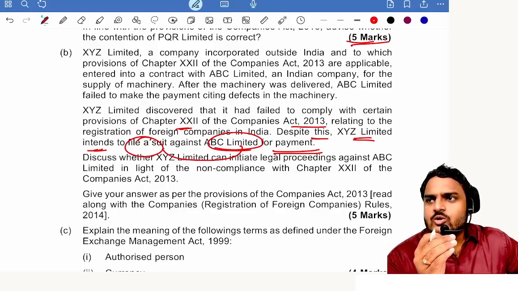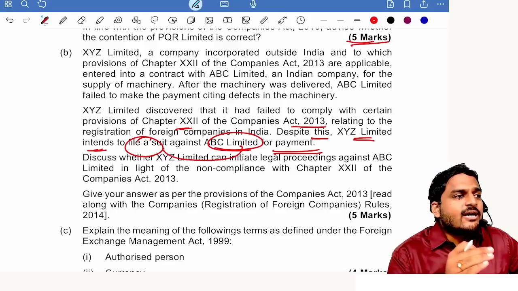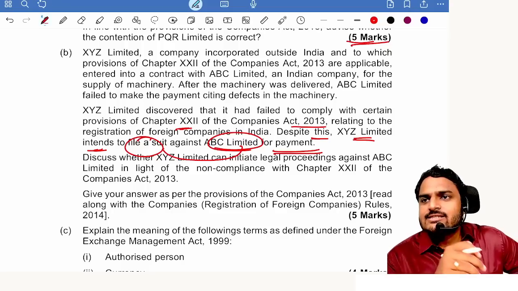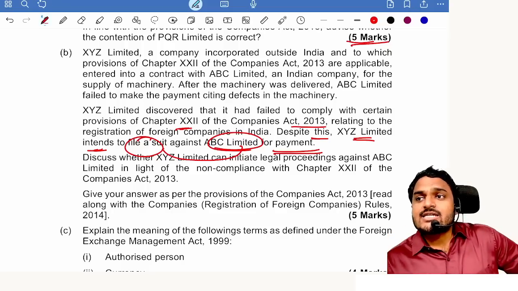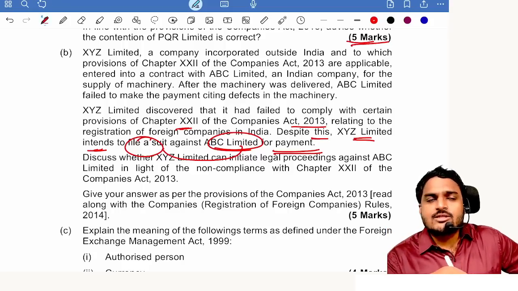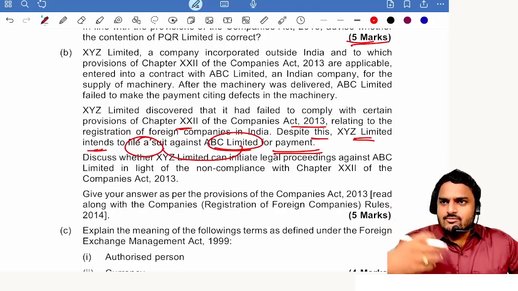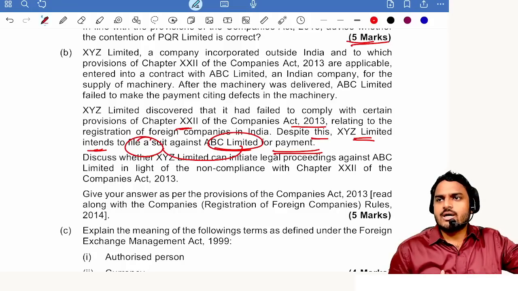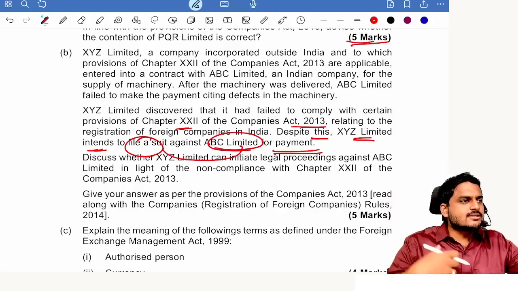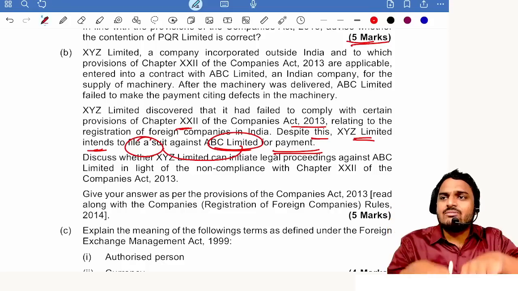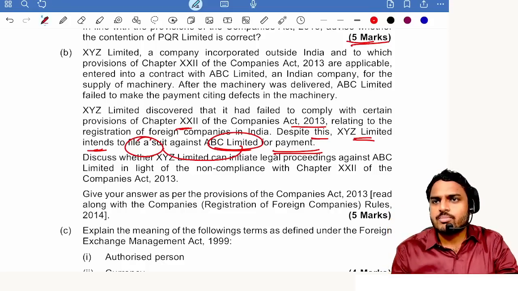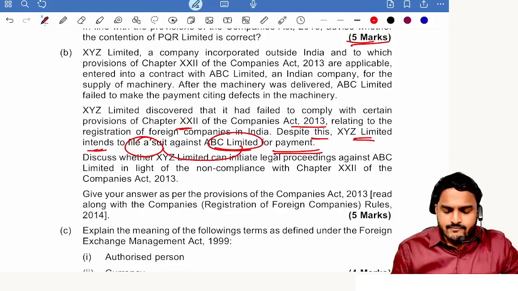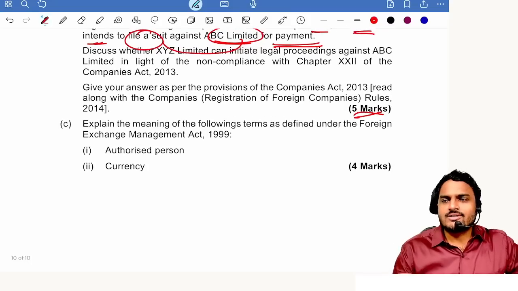Non-compliance of chapter 22, foreign companies are prohibited from exercising rights, but outsiders can exercise their rights against foreign company. That means in all contracts where foreign company is having receivable and where foreign company is having payable, payable transactions are enforceable, receivable transactions are not enforceable. Even claim, counter claim also not possible. You remember? 5 marks. You forgot, that's it.